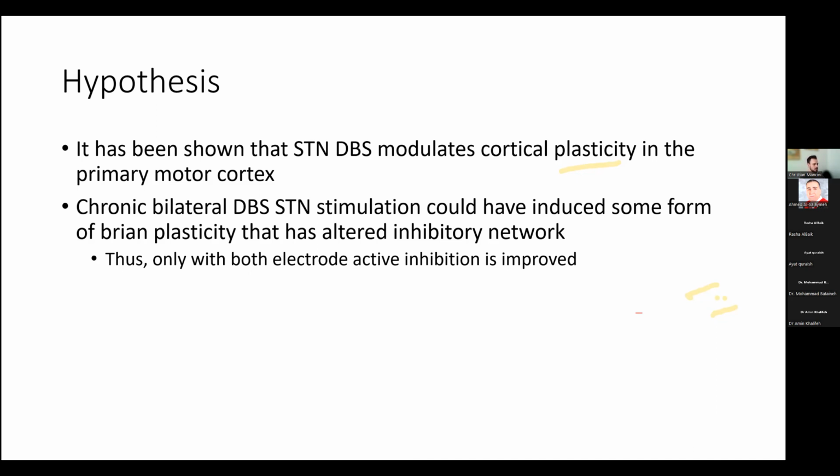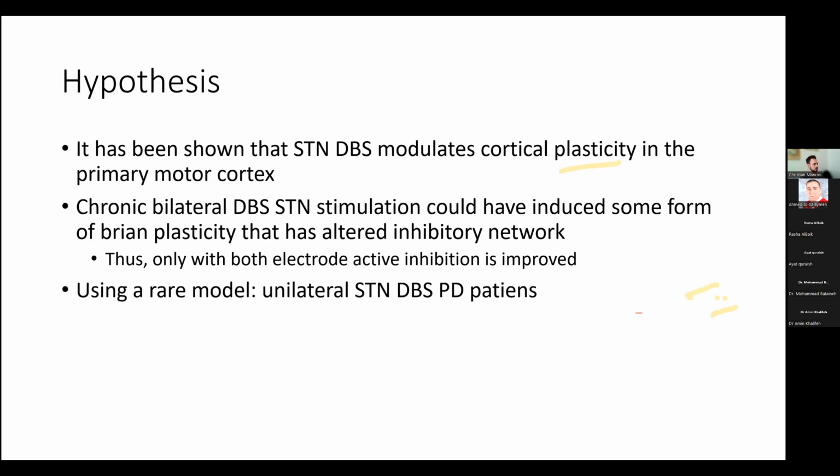So if you look at what happens only with both electrodes active, we see an improvement of inhibition. But we can use a rare model: unilateral subthalamic deep brain stimulation patients. These are patients that have only one electrode installed and not two electrodes as before.